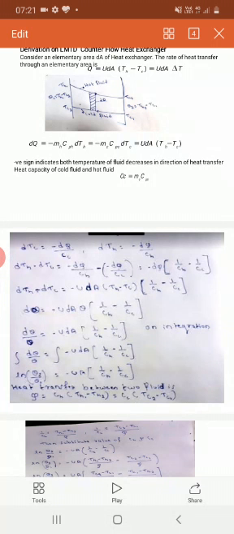On integrating this equation, apply the integration on both sides.